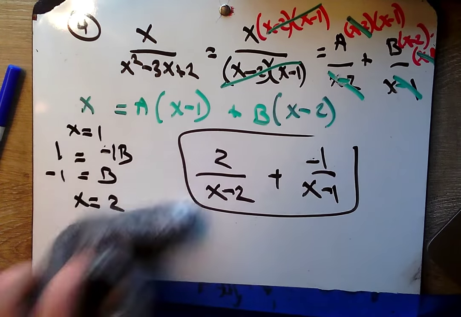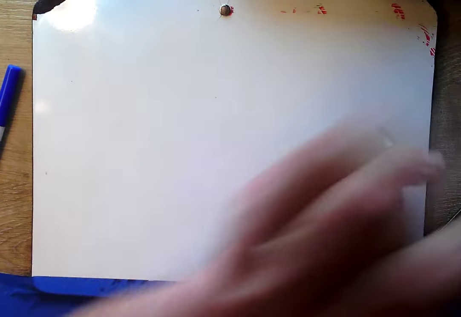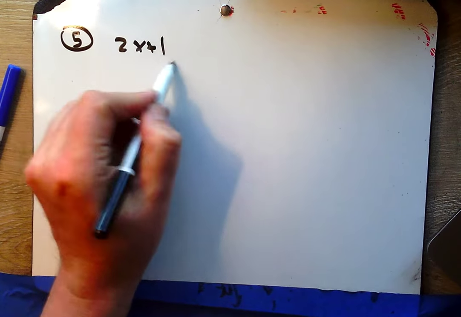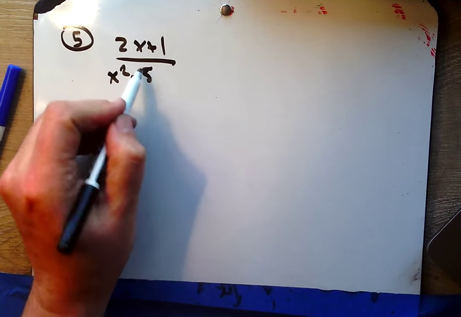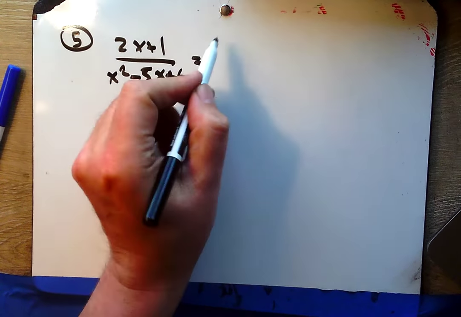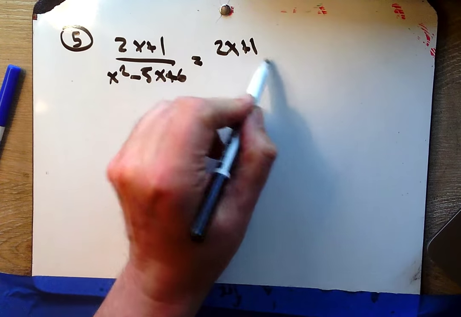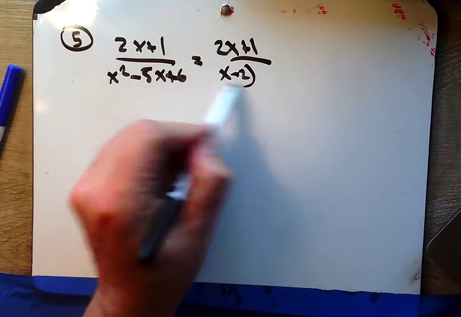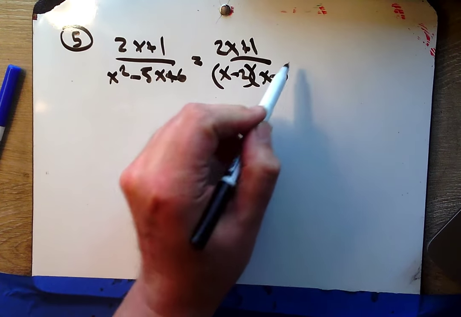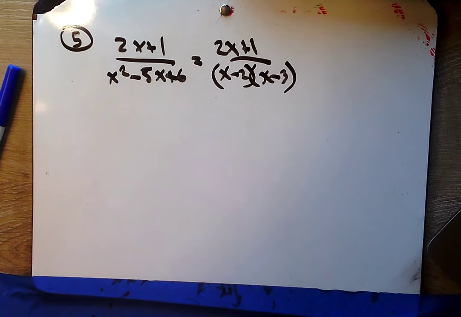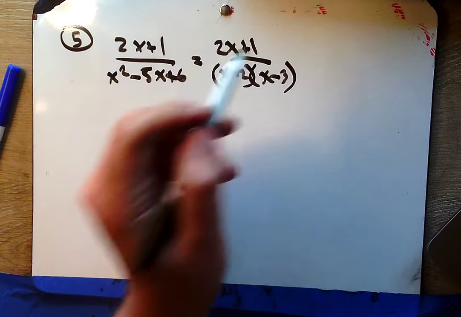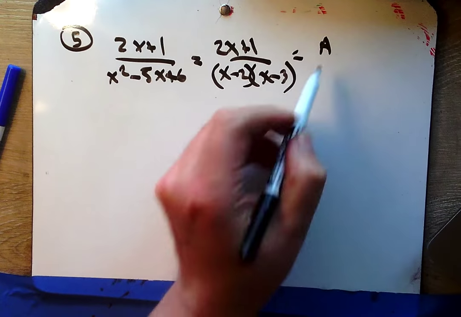All right, number 5. 5 says (2x + 1) over (x squared minus 5x plus 6). So we've got (2x + 1) over (x - 2)(x - 3). Okay, that's, again, case 1.